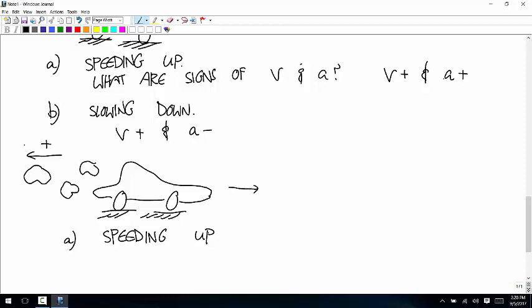So if it's speeding up, what's the sign of the velocity in this case? Negative, because the car is moving opposite the positive direction. And if it's speeding up, what's the sign of the acceleration? It has to be negative also. If they have the same sign, it's speeding up.